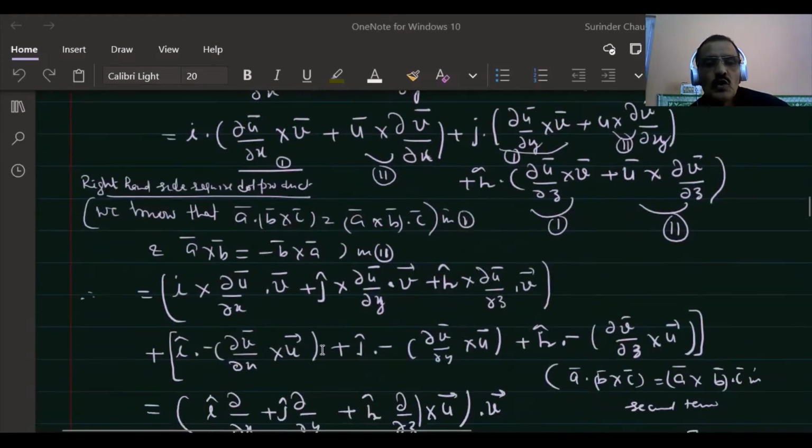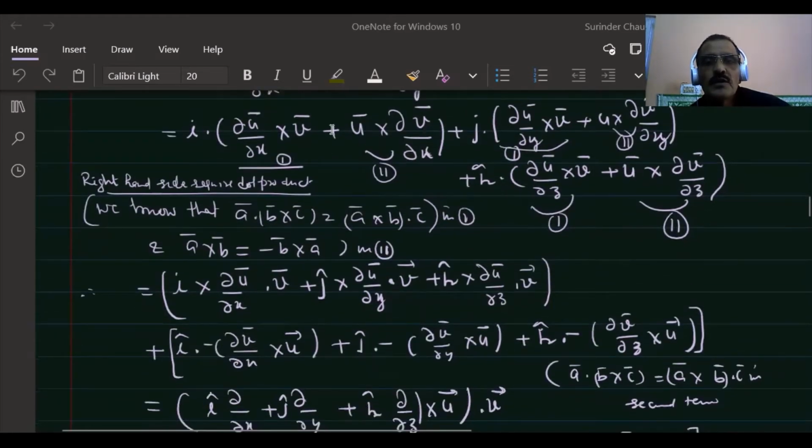So this will be equal to iota dot minus of, we want to make them similar, the partial derivative of v vector with respect to x cross u vector, plus j dot minus of the partial derivative of v vector with respect to y cross u vector, and plus k dot minus of the partial derivative of v vector with respect to z cross u vector.